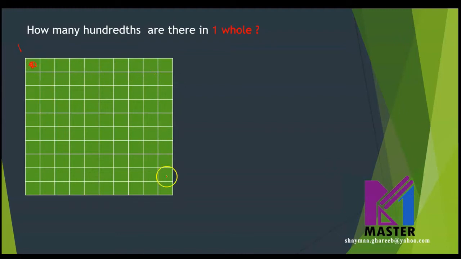So if I count on the hundredths in this one shape, 1 hundredth, 2 hundredths, 3 hundredths, and so on until I reach 100 hundredths. So we can say that 100 hundredths, which is 100 over 100 as a fraction, equals one whole. So 100 hundredths equals one whole.